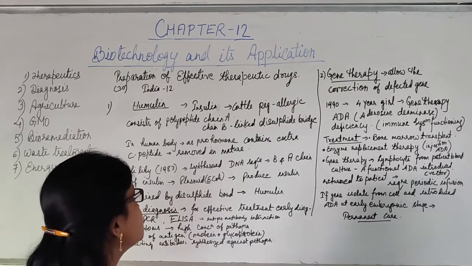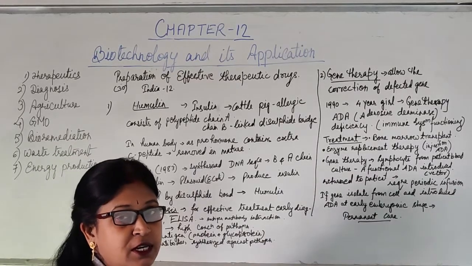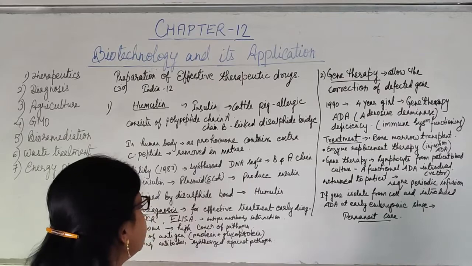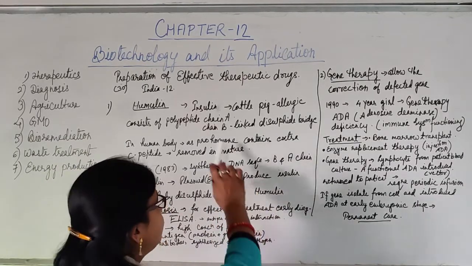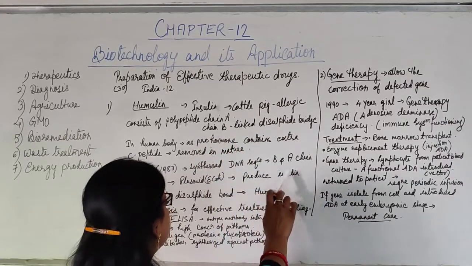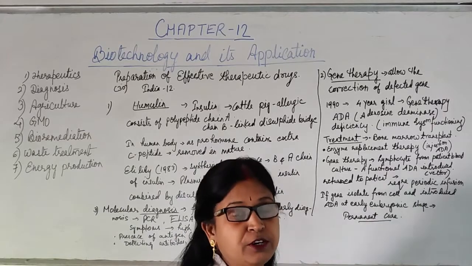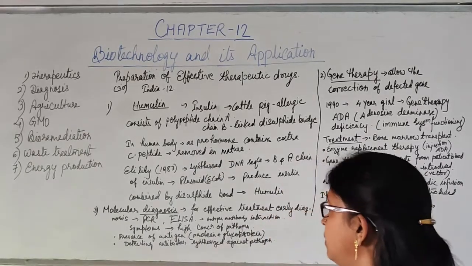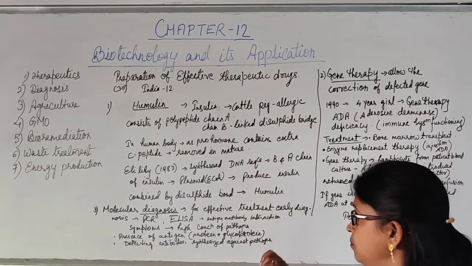By knowing the structure of this insulin, Eli Lilly, an American company, in 1983 was able to synthesize the DNA sequence of polypeptide chain A and chain B of insulin. Then these two chains were introduced into the plasmid of E. coli bacteria to produce the insulin.